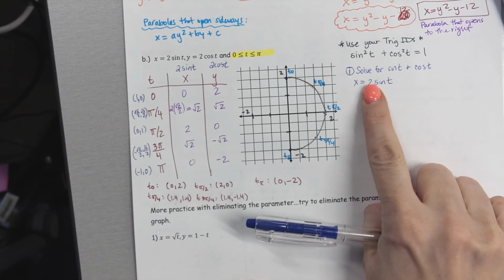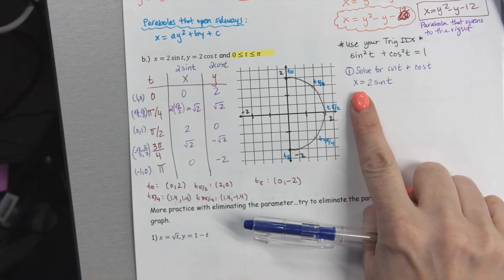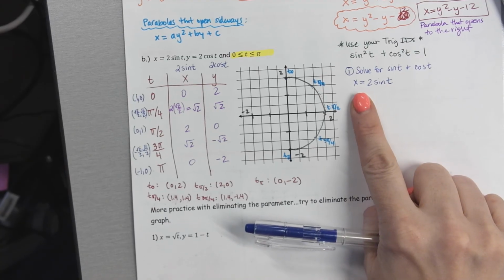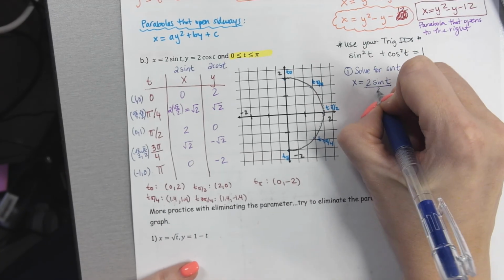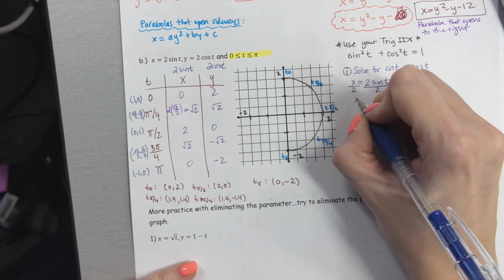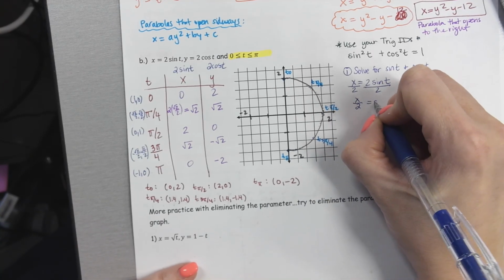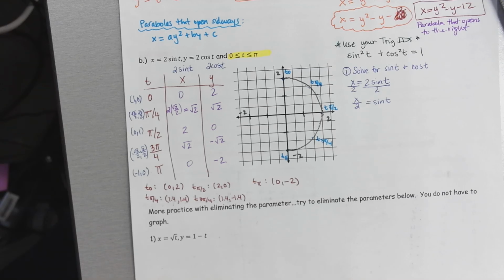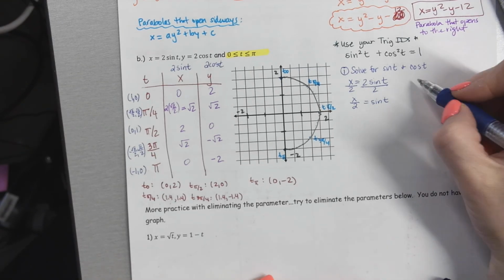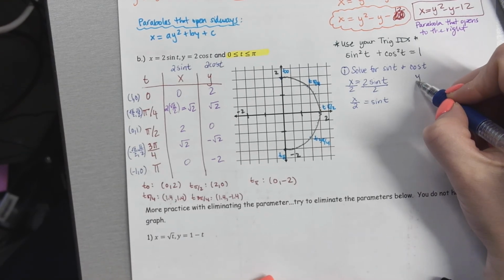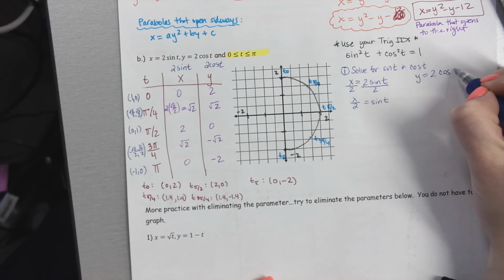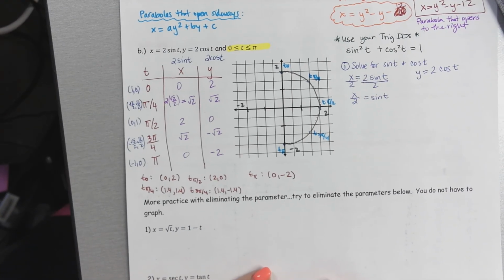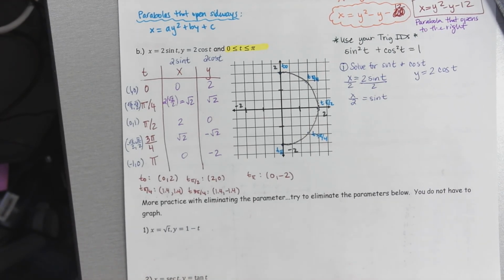So to get the sine of t by itself, all we have to do is what? Divide by 2. So divide by 2, divide by 2. So x over 2 equals the sine of t. Okay, so go ahead and write out what the cosine of t is going to be equal to, and then think about how we're going to do that substitution.